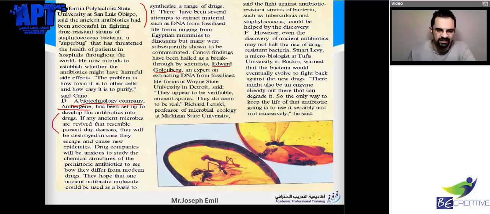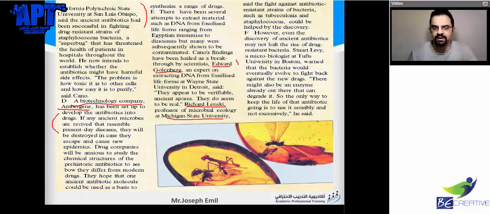Richard Lenski, again, another name, professor of microbial ecology at Michigan State University. Here's another university. He said that the fight against antibiotic-resistant strains of bacteria, such as tuberculosis and staphylococcus, could be helped by the discovery.